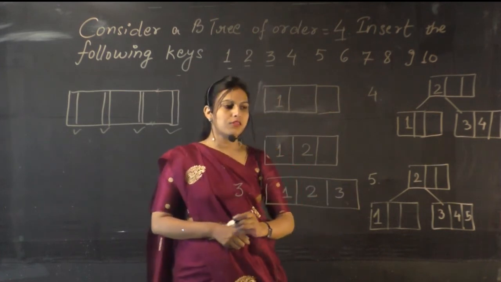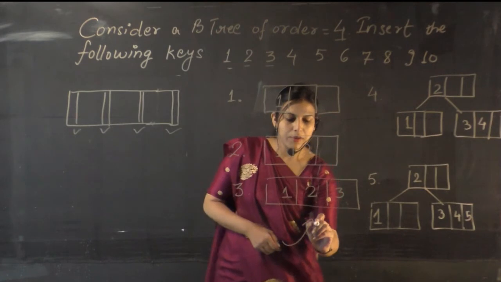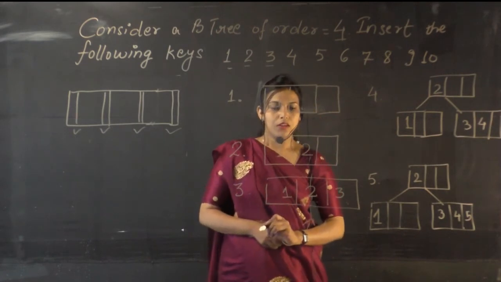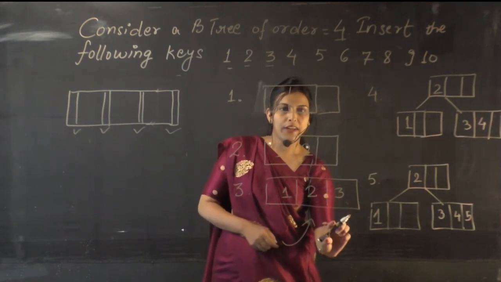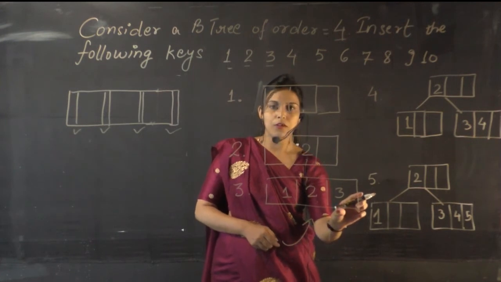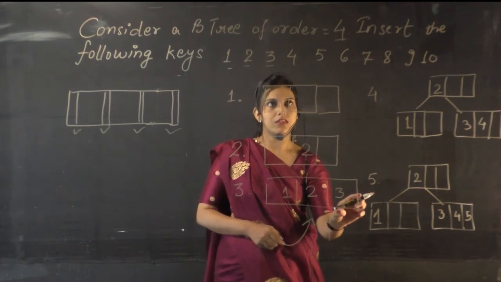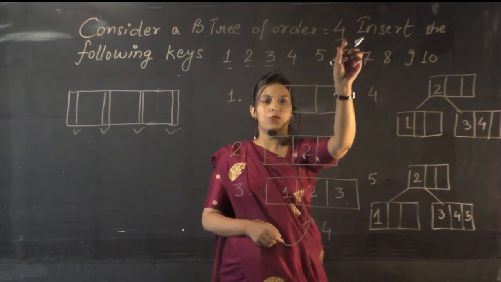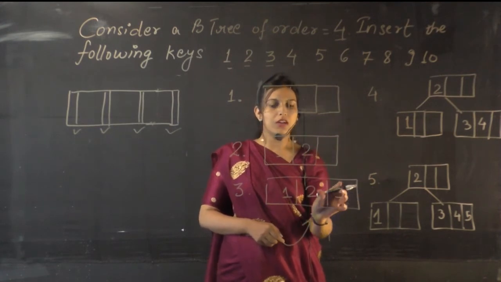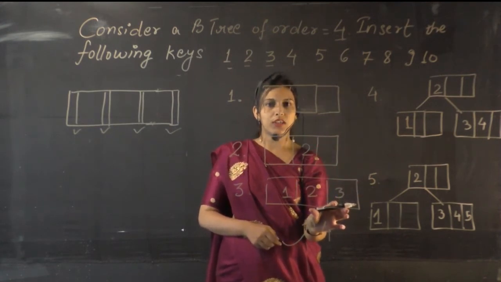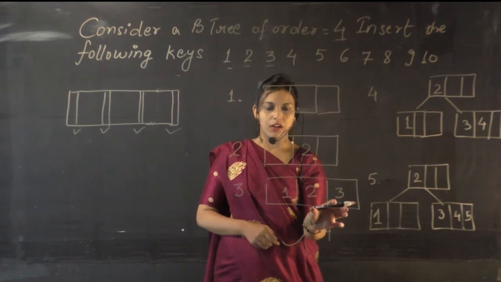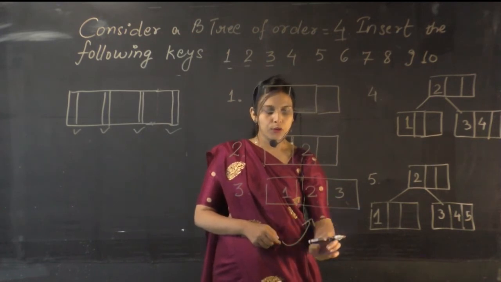Now in the fourth step, when the element 4 comes, we cannot accommodate this element 4 here. Why? Because in this B tree which has order 4, only 4 minus 1, that is 3 keys can be accommodated at each level. So for that, what we will do?